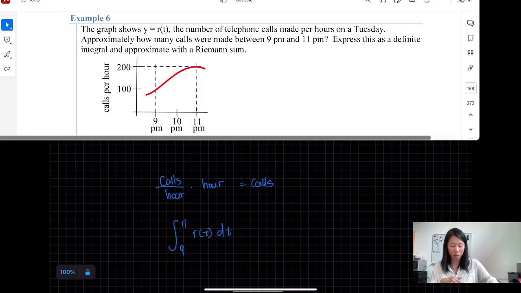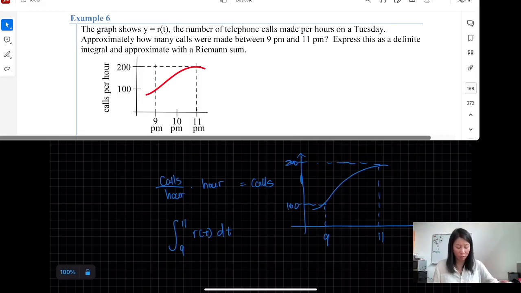So for example, if I use the left-hand method, the graph looks like this one. I will have from 9 to 11, and then this is 100 calls, and this is 200 calls.